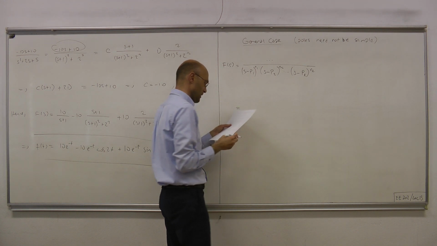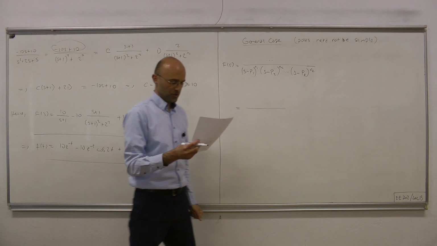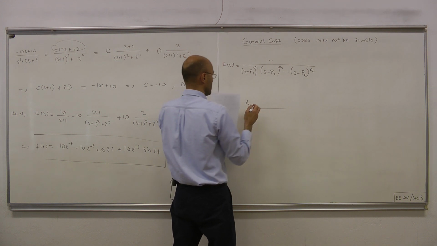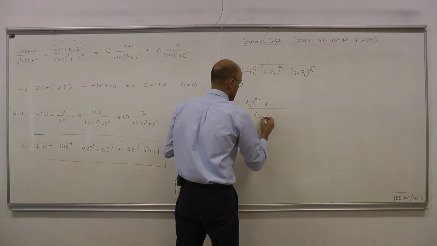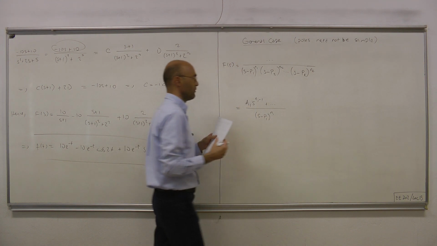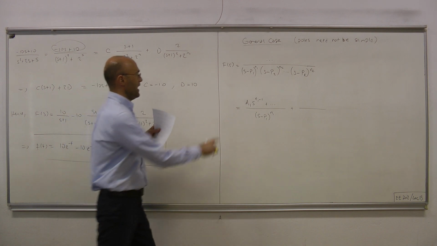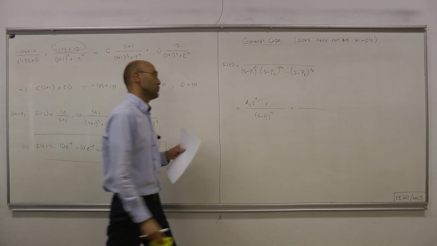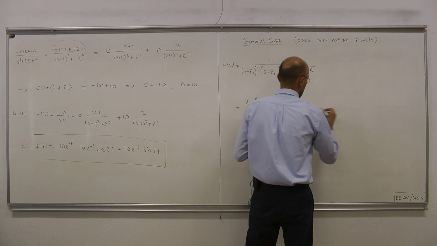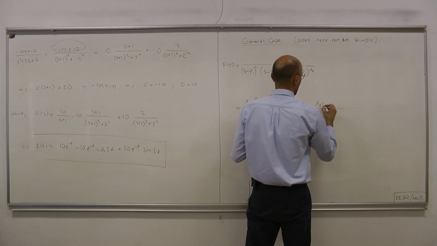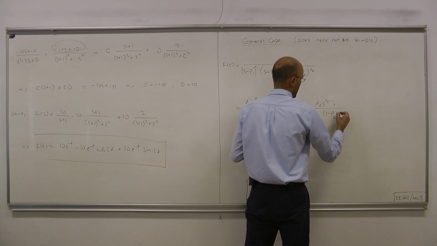Okay. This can first of all be decomposed into L pieces, okay, and each piece would look like some A1 s to the N1 minus 1 over (s minus P1) raised to the power N1, okay, then plus A2 s to the N2 minus 1 over (s minus P2) to the N2, and so on, up to AL s to the NL minus 1 over (s minus PL) raised to the power NL.